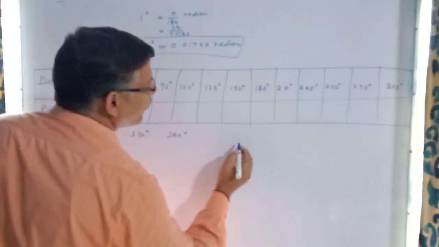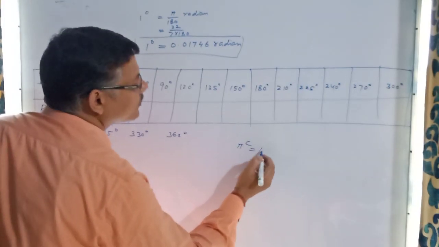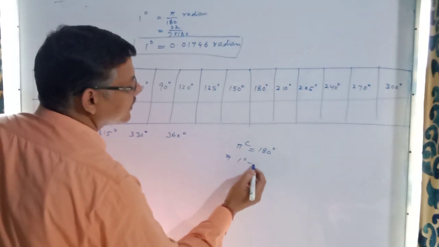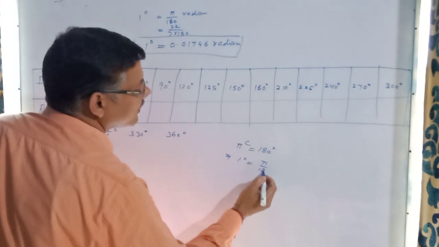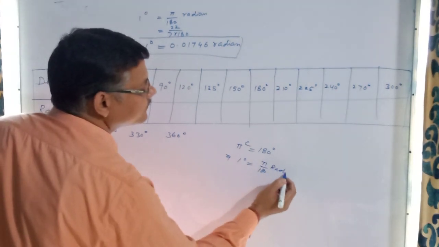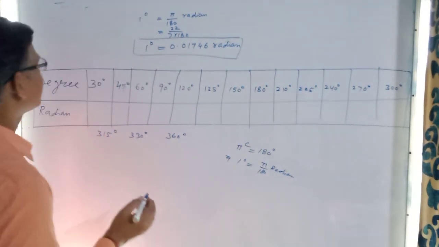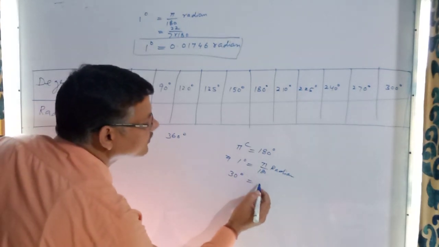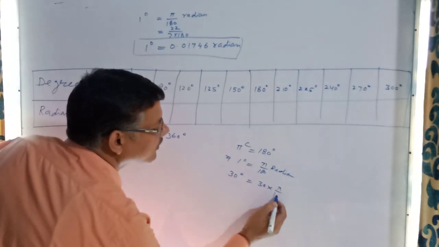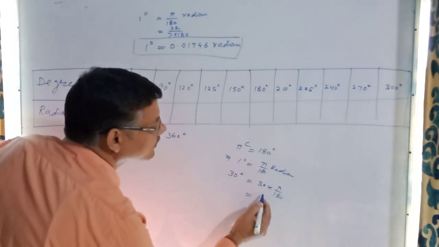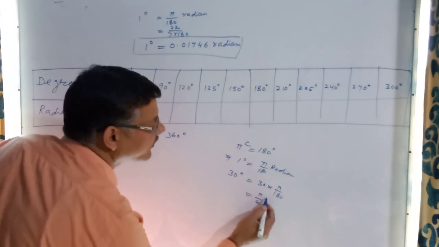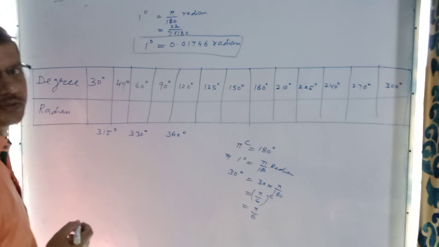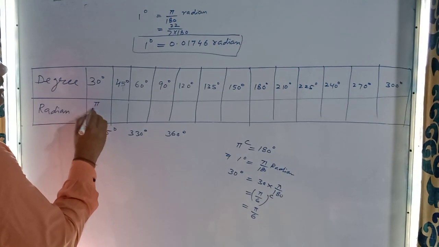As you know, pi radian is equal to 180 degree. It implies 1 degree is equal to pi by 180 radians. It means when we wish to change 30 into radians, we multiply it by pi by 180. It is equal to 30 into pi by 180, and it is equal to pi by 6 radians. But in practice we write pi by 6. So we get here pi by 6.